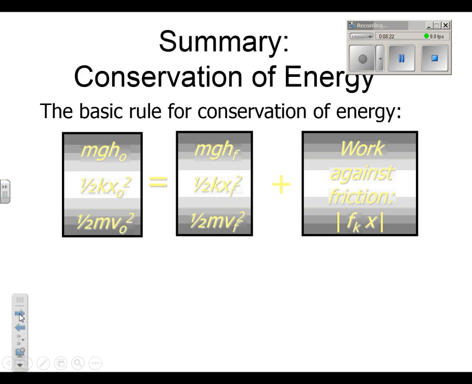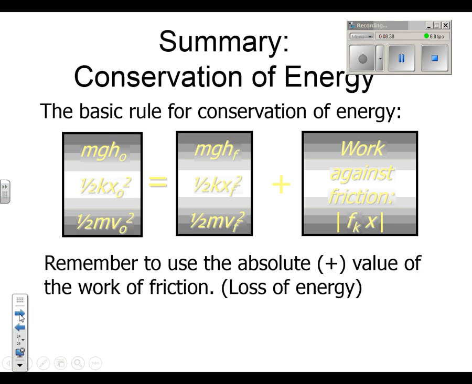So it's just different ways of looking at all of those, but it's everything that's in the box added together. So the summation of this first box equals the summation of the second box plus the third box. So remember to use absolute value signs for the work of friction because it's a loss of energy if you're using it on the product side. If you use it on the reactant side, or your original side, then you'll use a minus.